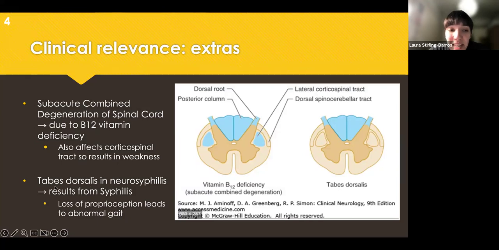And additionally, tabes dorsalis is another type of lesion that affects the dorsal columns, and this happens in syphilis. Essentially, the loss of the dorsal columns leads to an abnormal gait due to the loss of proprioception.